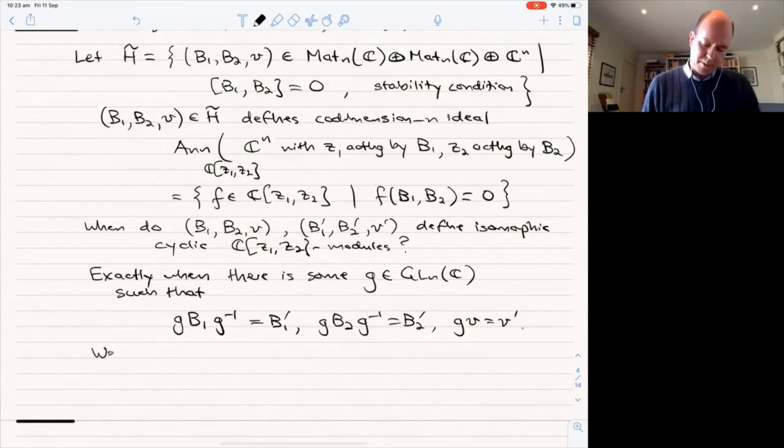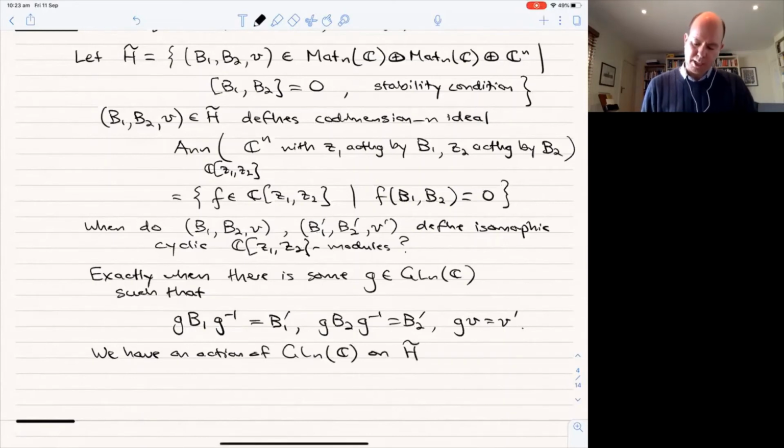So in fact, we have an action of the group GL_n(C) on the set H tilde given by the left-hand sides of these equations.